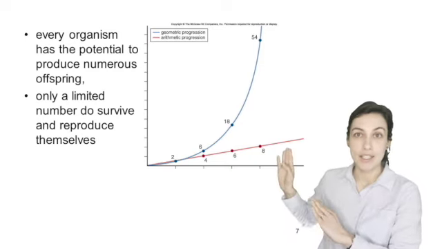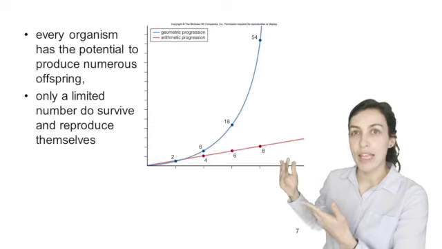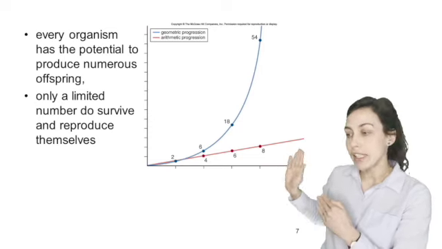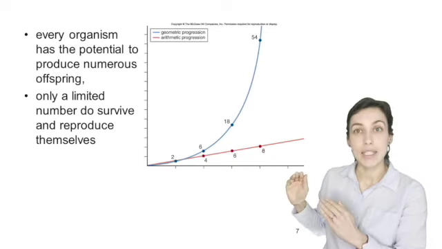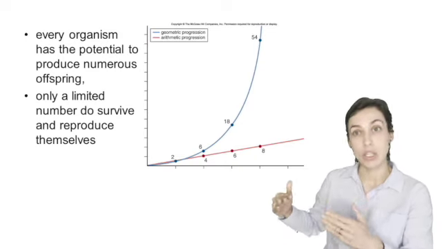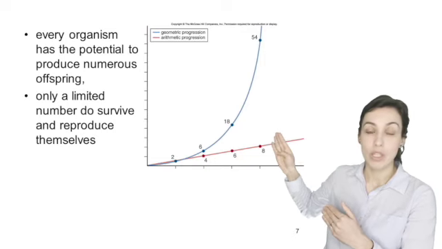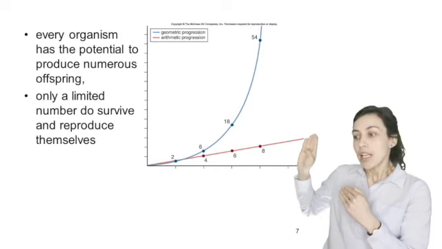Here on this graph, you can see the rough increase in food production. That's the linear one, the red one. And you can see the increase in the number of individuals of that particular population in the curve in blue, I think it's blue, right?